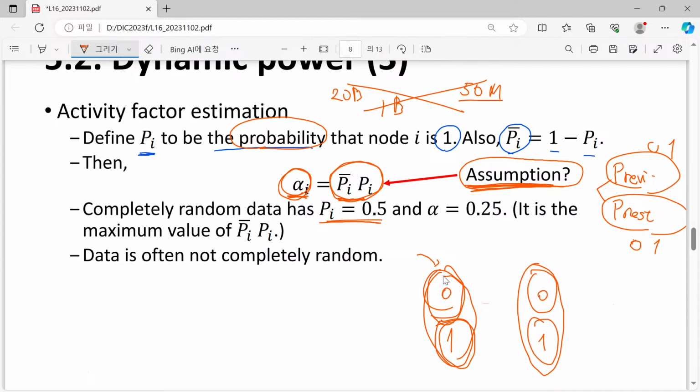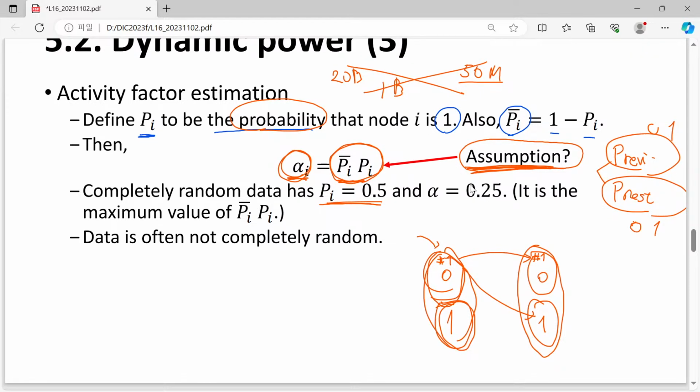However, there is no guarantee that transistor number 1 is also number 1 in this 0 value. It can go to 0 or it can go to 1. So that's the reason why we have this number alpha equal to 0.25.